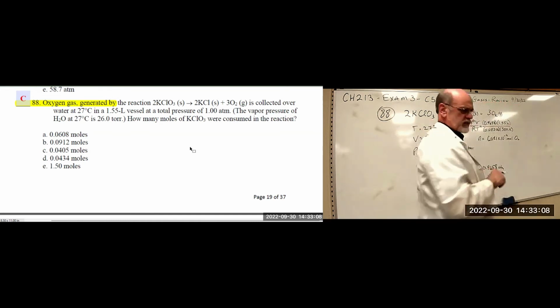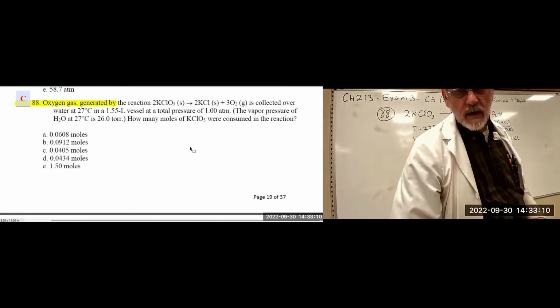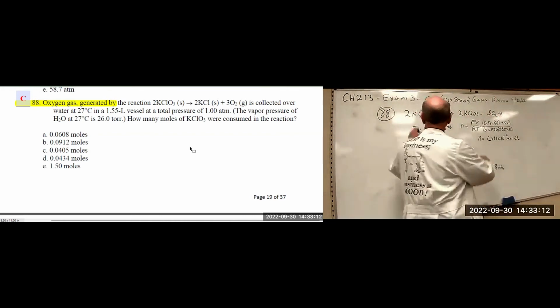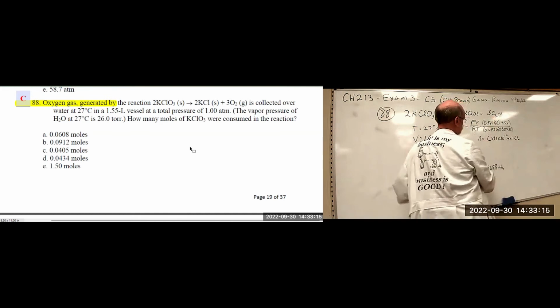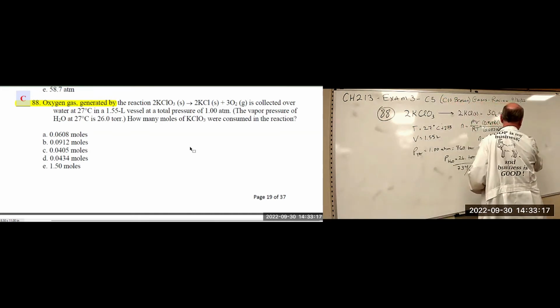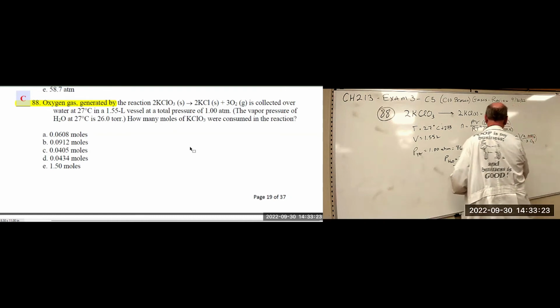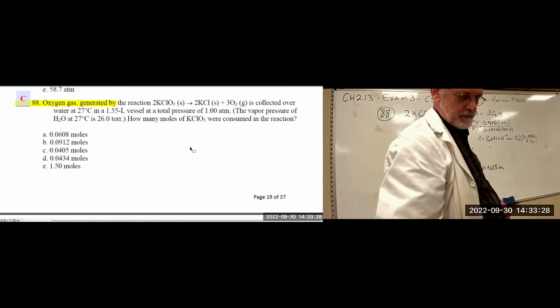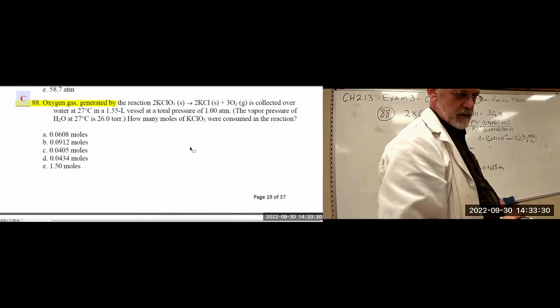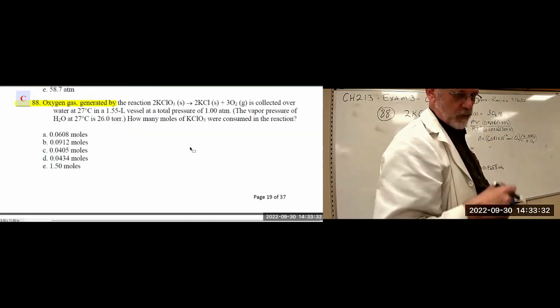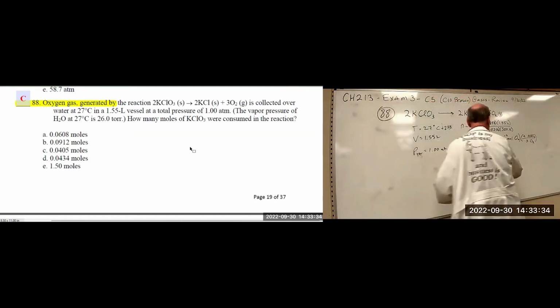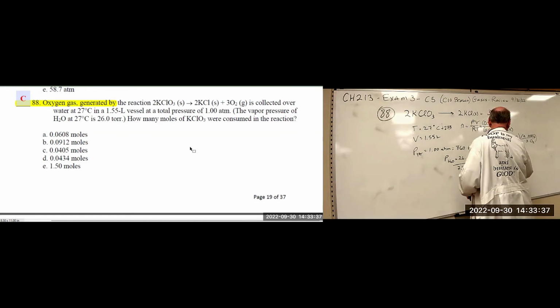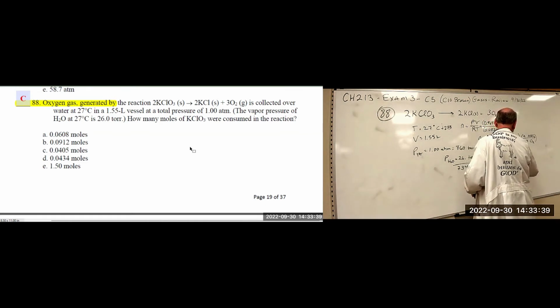The question was how many moles of KClO3. So we've got our ratio here, 3 to 2. Three here, 2 here. So 2/3 of that is 4.054 times 10 to the minus 2.